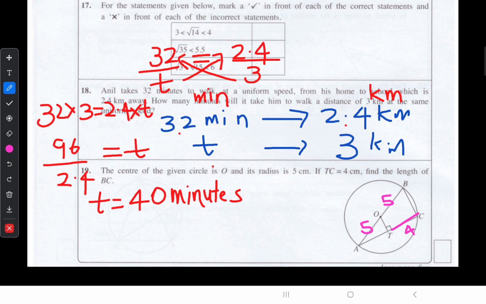the chord theorem. This is a chord in a circle.